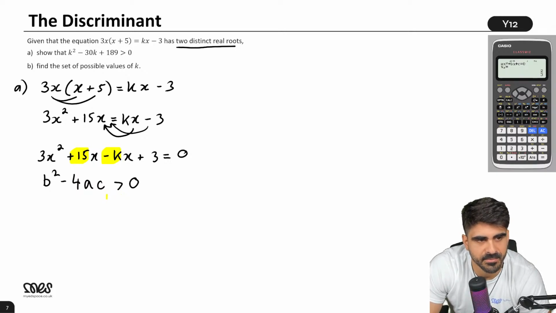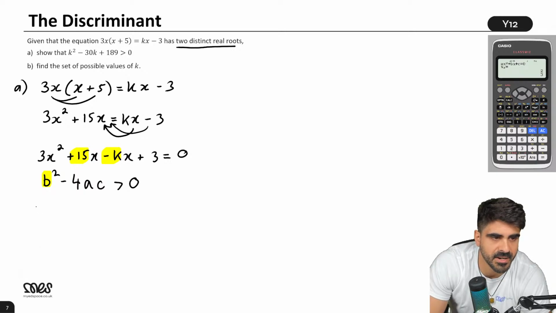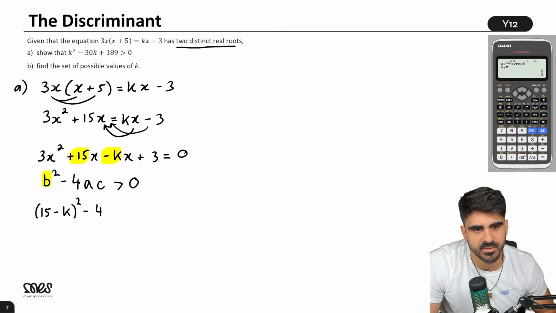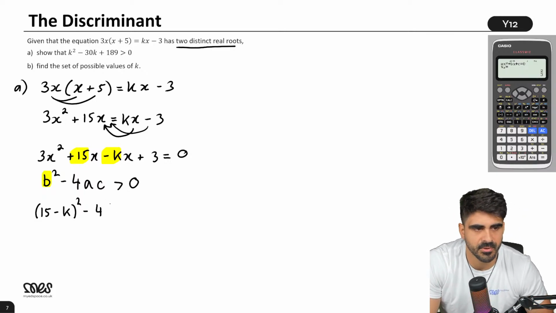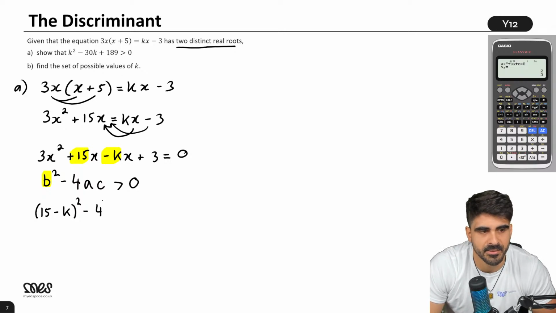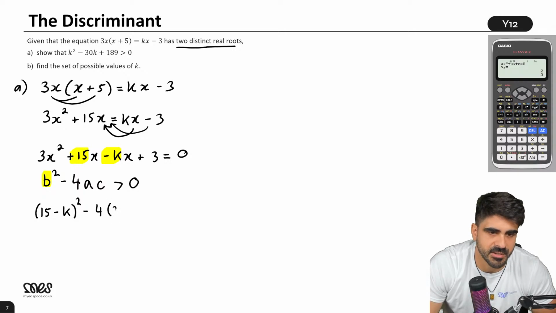So that's b. So you have 15 minus k squared minus 4. What's the a term? Can you guys tell me a and c? Yeah, they're both 3, isn't it? So it's just 3 times 3. Cool.